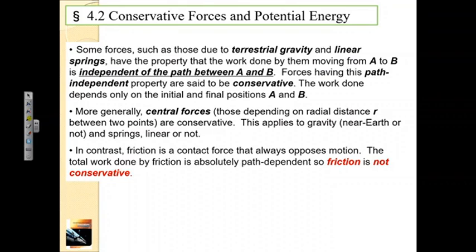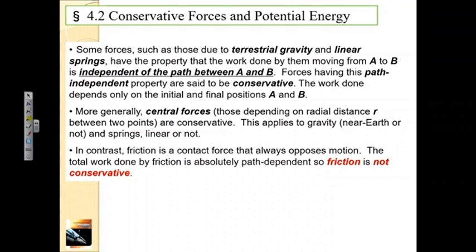So you can stretch it and unstretch it over and over again, but you really only care about where you started and where you stopped for the work you're doing. Same thing applies with gravity. These are going to be conservative forces, so we don't care about their path.